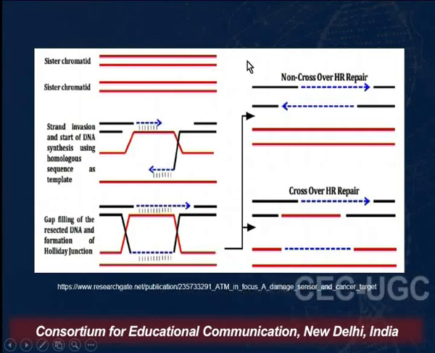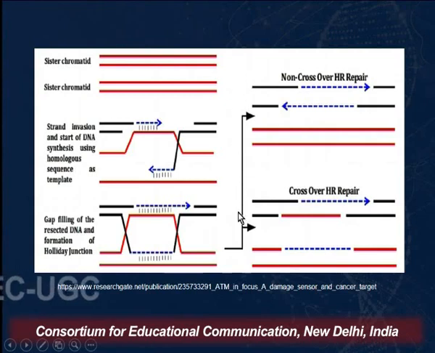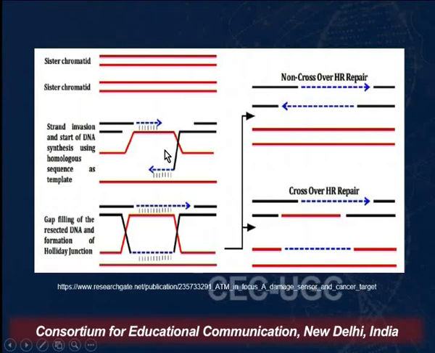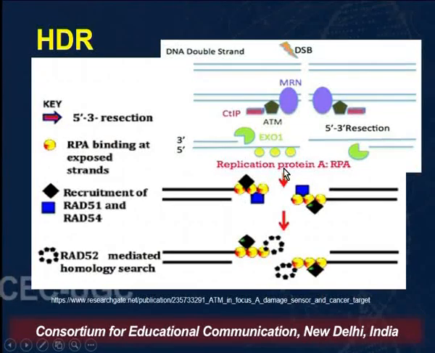So there has to be a double-stranded break, and then the set of proteins that stabilize that break causes the 5' to 3' resection, causes the different proteins to assemble at these breaks, where there are single-stranded 3' overhangs.